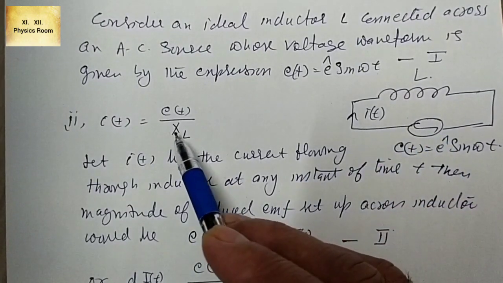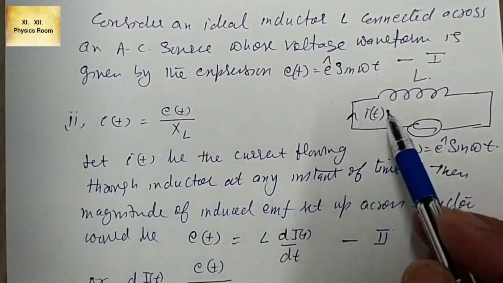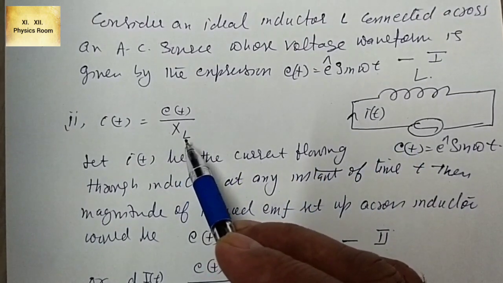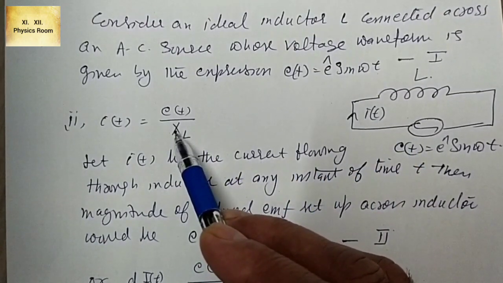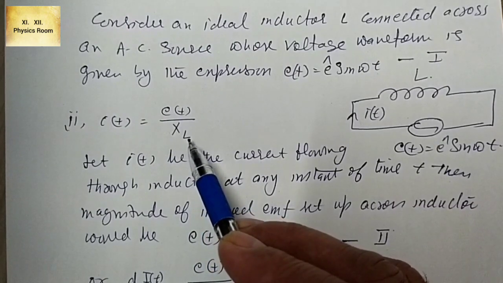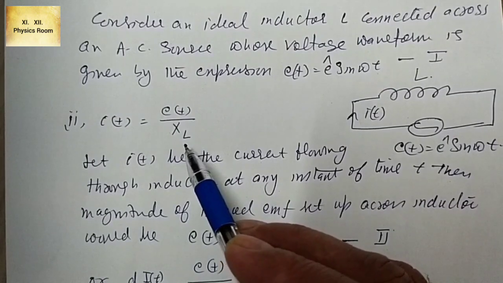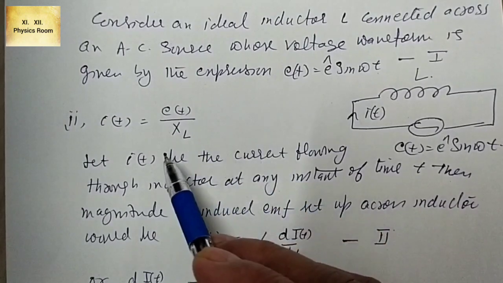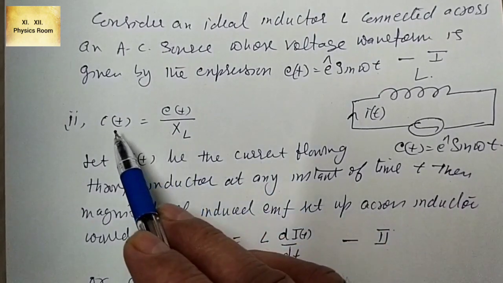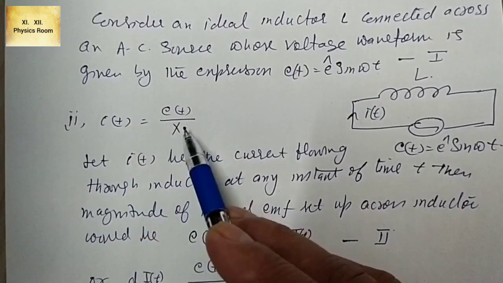X is the symbol for reactance, L for inductance. So XL is inductive reactance. Its units are also ohm because it is a resistance to AC. Now we proceed to derive this expression.